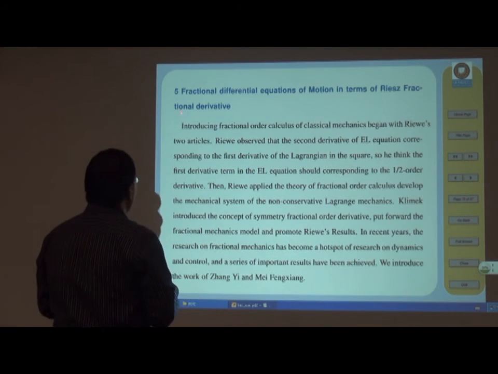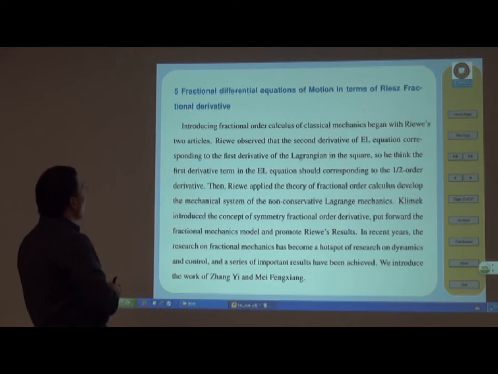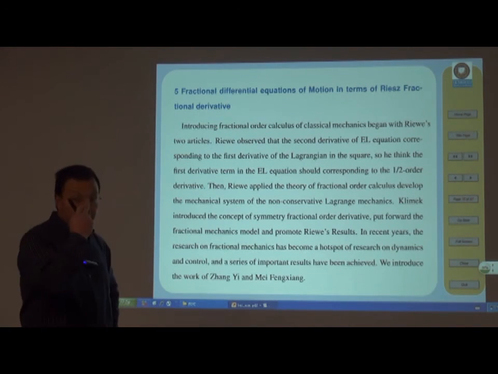And the last section is about fractional differential equations of motion in terms of Riesz's fractional derivative.